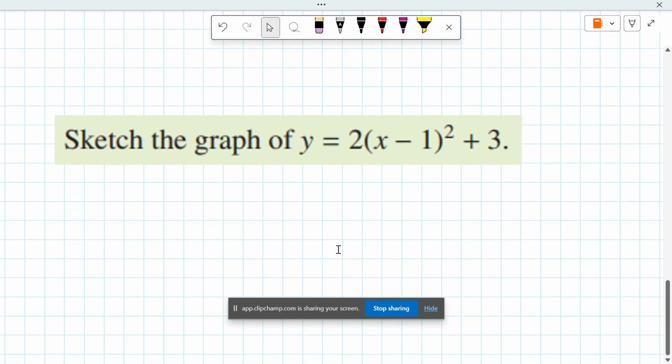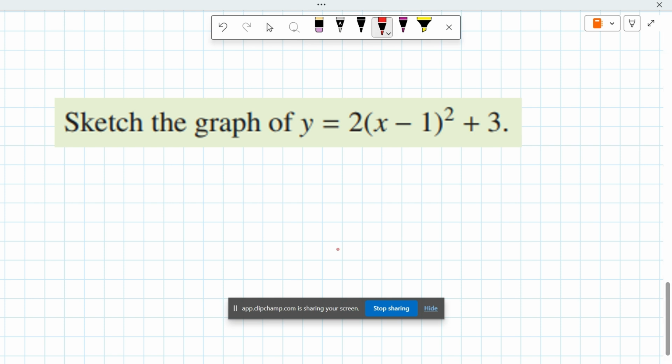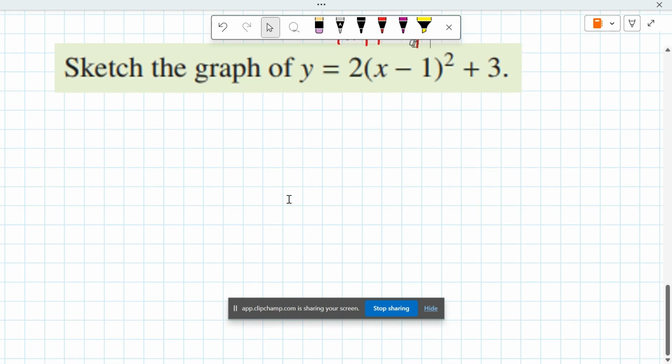And the last transformation is turning point form. Remember turning point form. Now we're going to sketch the graph. First things first, you have to remember what the graph looks like.